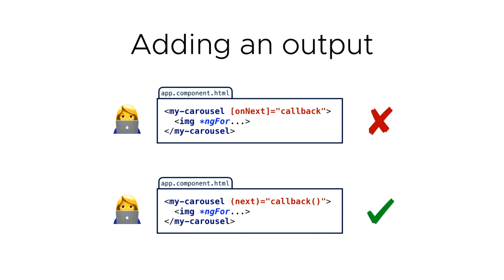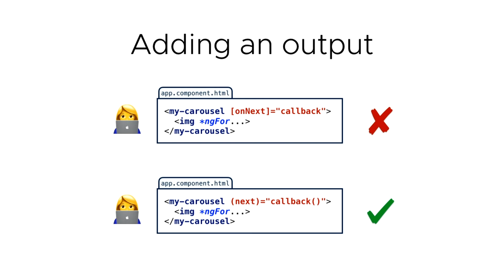Angular has another structure for this, which is outputs. So by using an output, and this is where we talk about the familiar part, the first one is not necessarily bad. It's just very React, for instance, where you give the callbacks, and then the application is going to call those functions. The second one is an output where you call the function whenever the output is emitted. The second one is much clearer for someone who just finished the Tour of Heroes. They understand immediately, oh, that's an output. I know what to do with this.